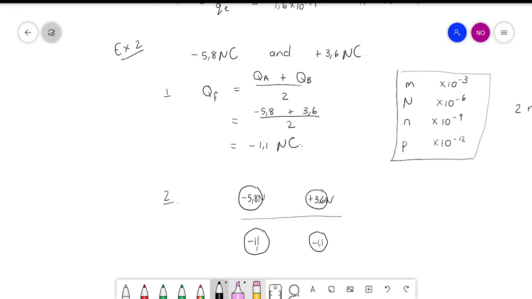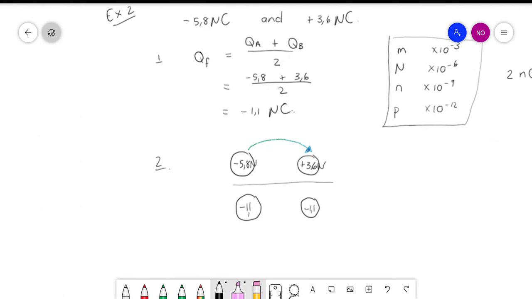Okay, so I hope you guys see that the electrons were transferred from this first sphere to the second one. Hoe weet ek dit? Want hy het van 'n meer negatiewe lading na 'n minder negatiewe lading gegaan. The electrons decreased in this first set and they increased here. Want hierdie het gaan van 'n positiewe lading na 'n negatiewe lading toe.